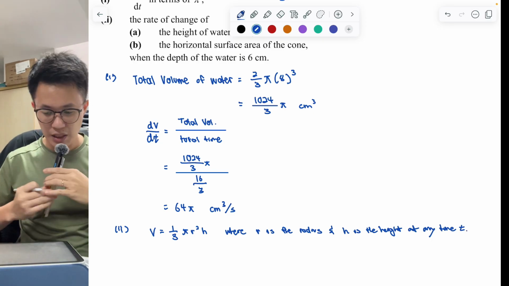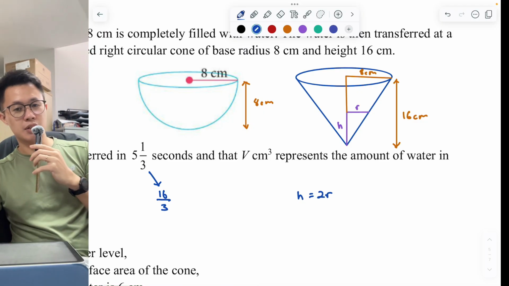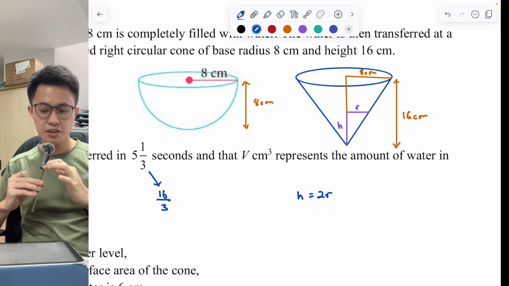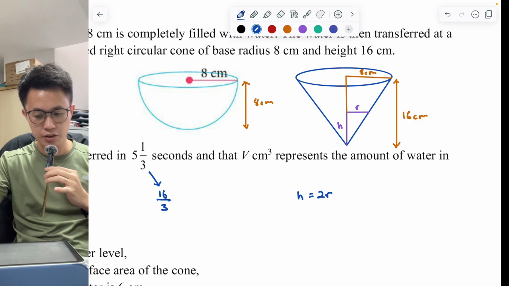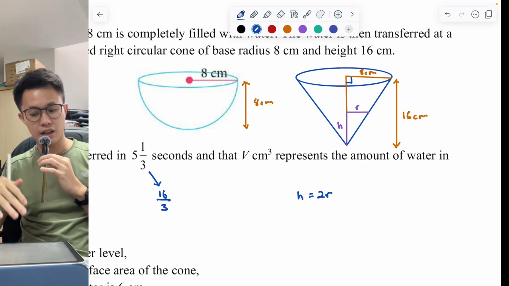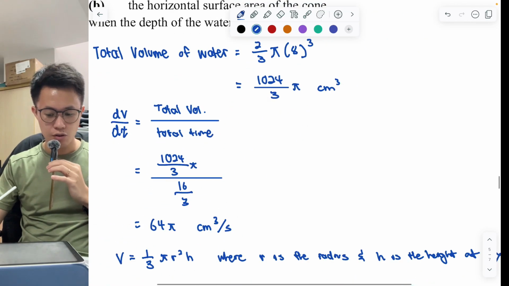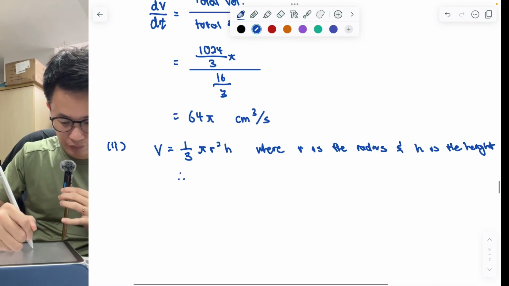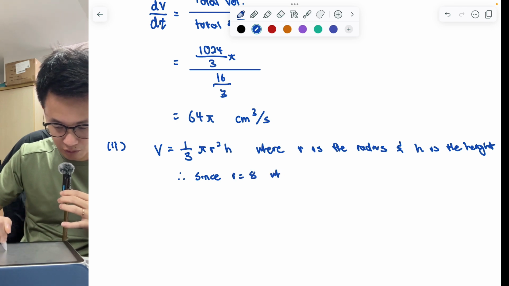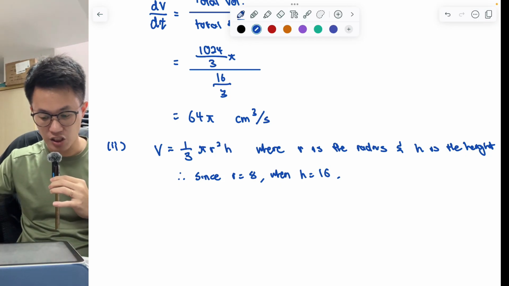Based on the maximum height and the maximum radius, we can use similar triangles because this is a right angle. By similar triangles, we can connect the radius and the height. The height will always be 2 times the radius. Since r equals 8 when h equals 16, we can form a relationship here.